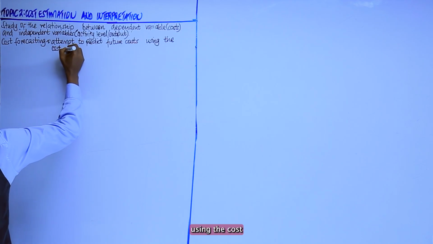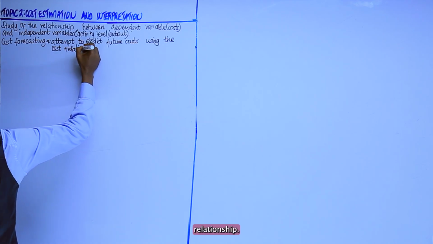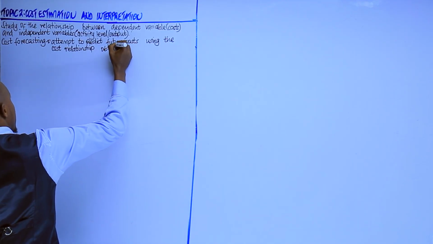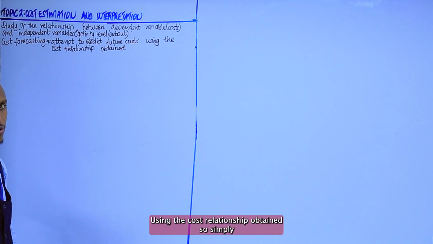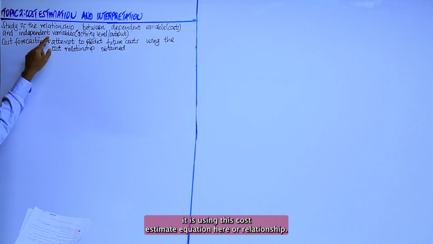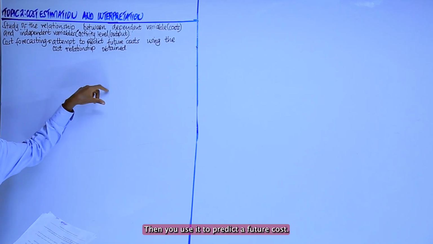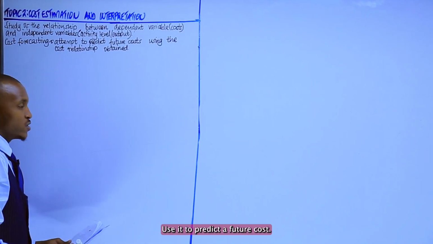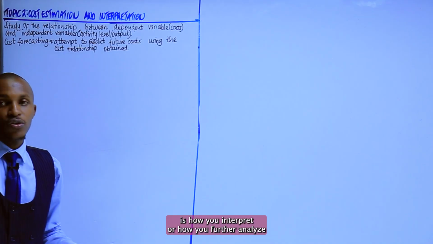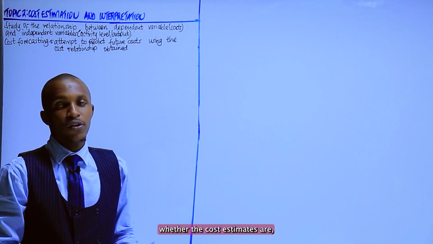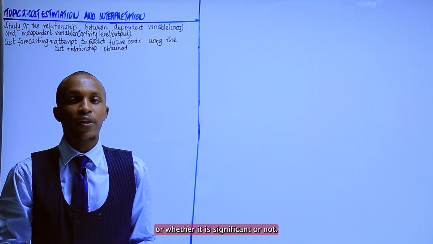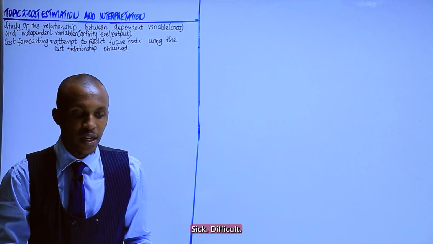So you use this cost estimator equation or relationship to predict a future cost. Then interpretation here is how you further analyze whether the cost estimator relationship is good, or whether it is significant or not significant.